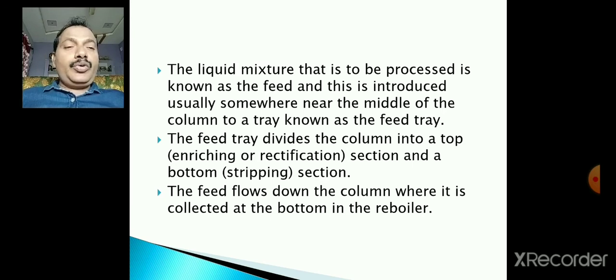As it flows down, it is separated into different fluids, products, and finally at the bottom, one product is collected, reboiled and once again fed into the distillation column. And from the top, vapor is collected by the condenser, converted into fluid, and refluxed into the distillation column.